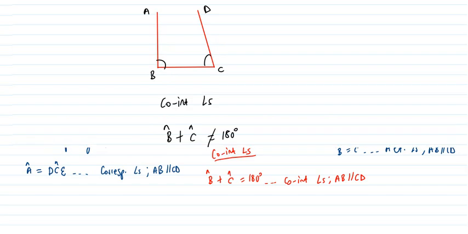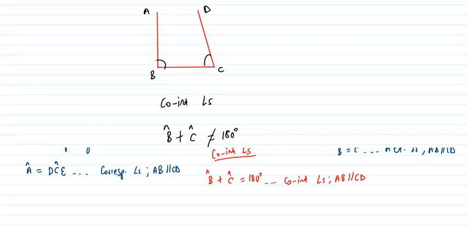Why? Because AB is not indicated to be parallel to CD, and you can see that they are not parallel. So because the lines are not parallel, the co-interior angles don't add up to 180 degrees. They add up to a certain angle, but it's not going to be 180 degrees.